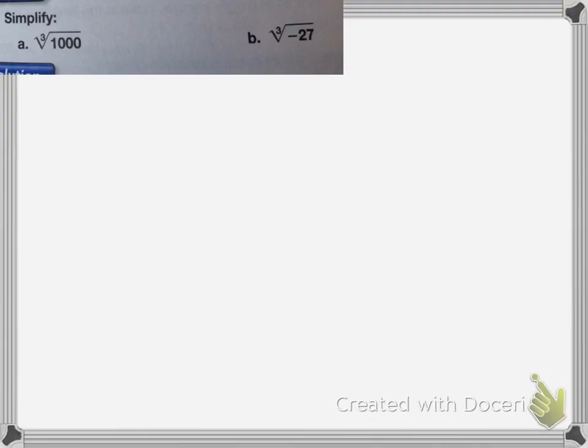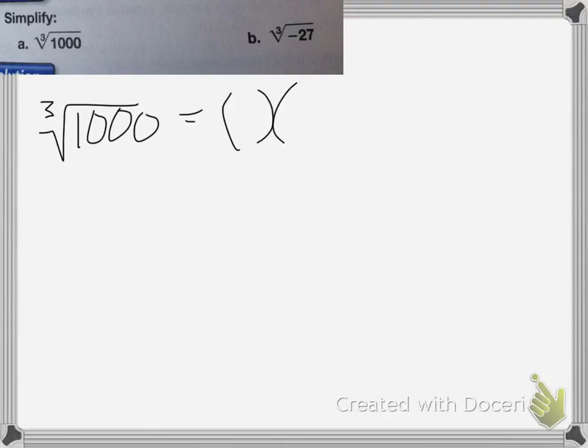Then we also have what are called cube roots. That's going to be a symbol that's something other than a square root. Remember, cube means that it has to have three numbers multiplied together. So the cube root of 1,000 has to equal three numbers multiplied together, which equals 1,000.